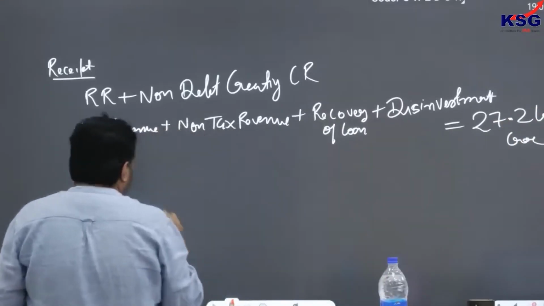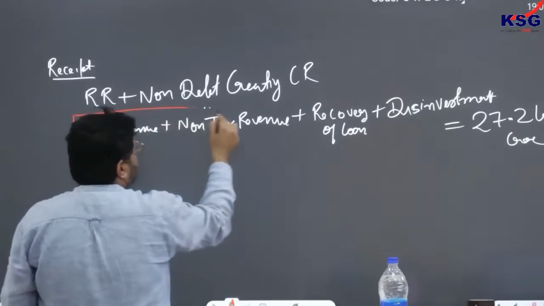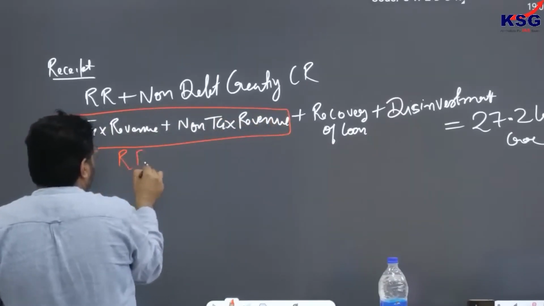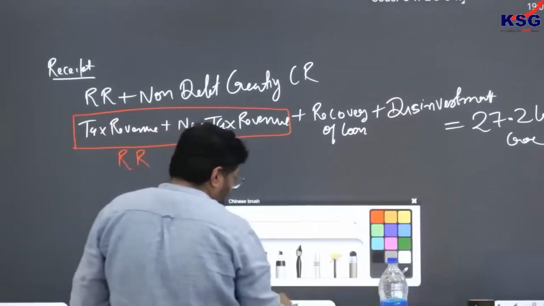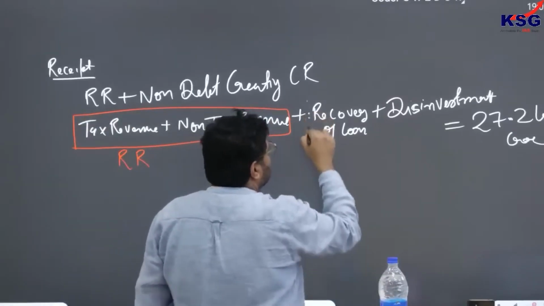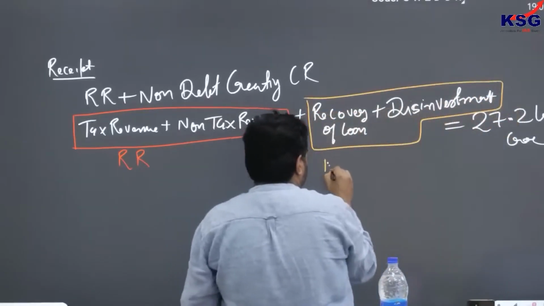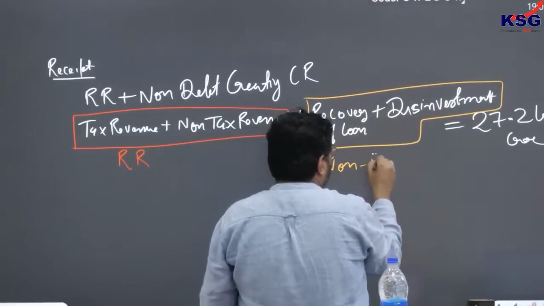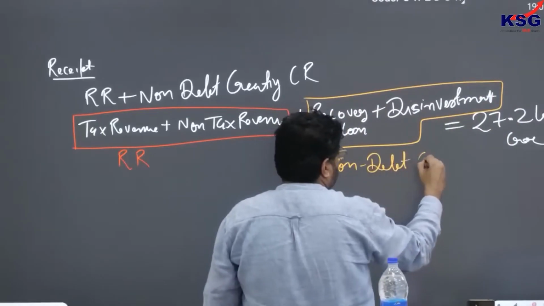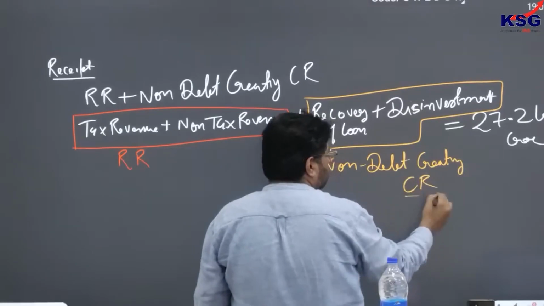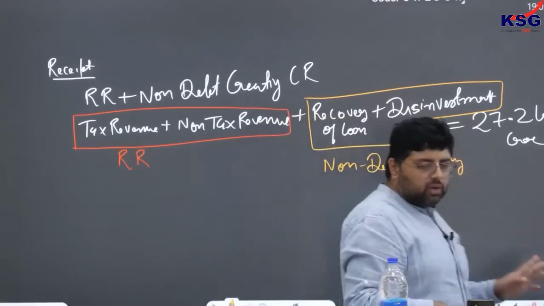Ultimately, this part is revenue receipt. So I have opened the formula. And this part is non-debt creating capital receipt. So it is 27.2 lakh crores.